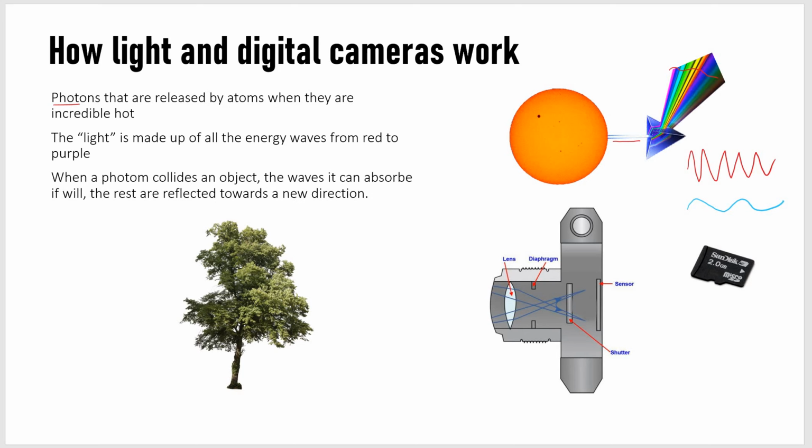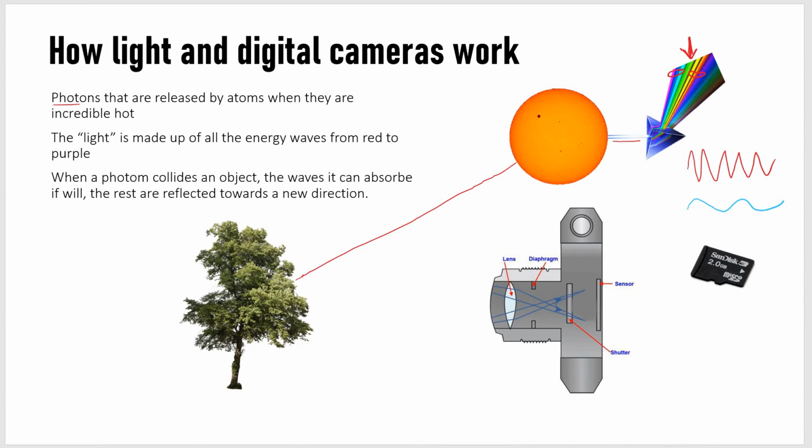Now what happens is, as this white light, which I'm going to represent with a red color here because the background is white as well, travels from the sun and hits an object here on Earth, such as a leaf, the leaf will absorb all of the different waves that make up the white light. They will absorb all of these waves here and all of these waves over here, and they will not absorb the green wave.